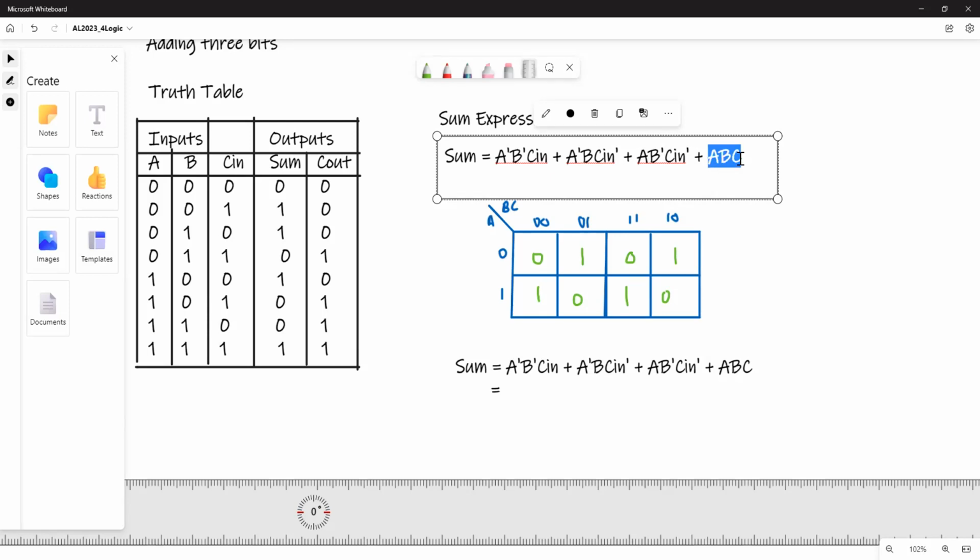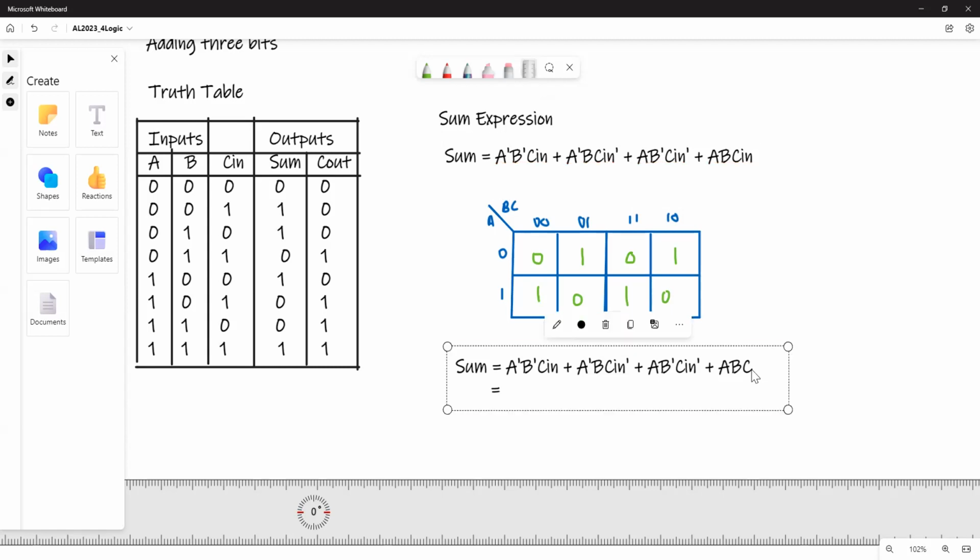We simply also have to have C in. Right. Okay. Now you can see the common ones.